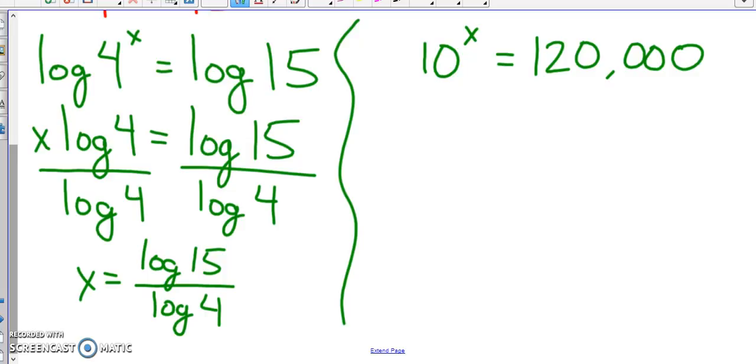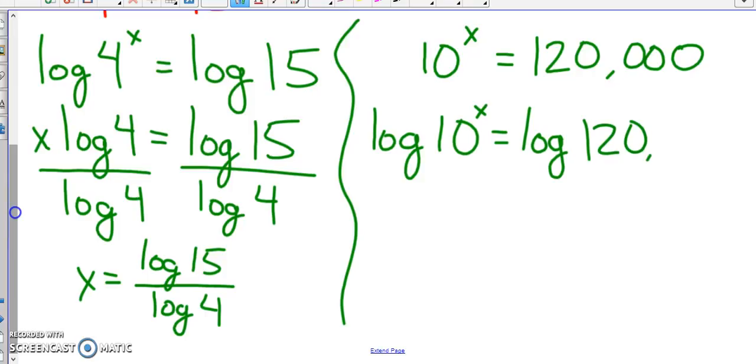There's a 10 over there. That means you should use log base 10. So if I take the log of 10 to the x equals the log of 120,000, this is log base 10 and 10 to the power. What happens when you do that? They cancel.